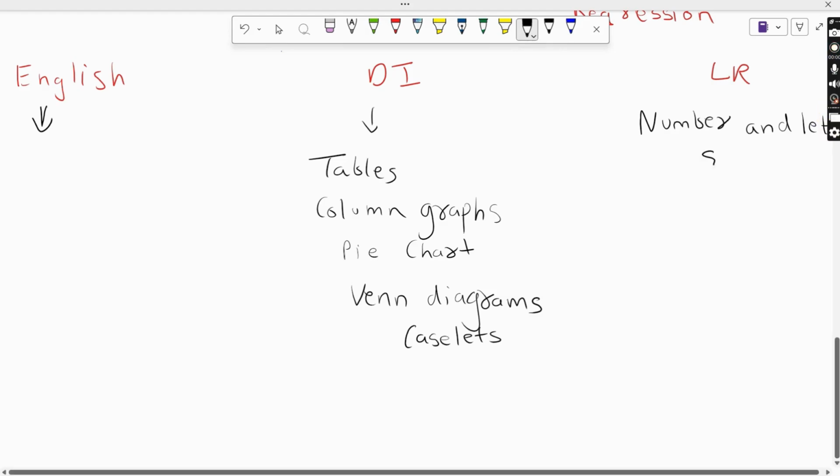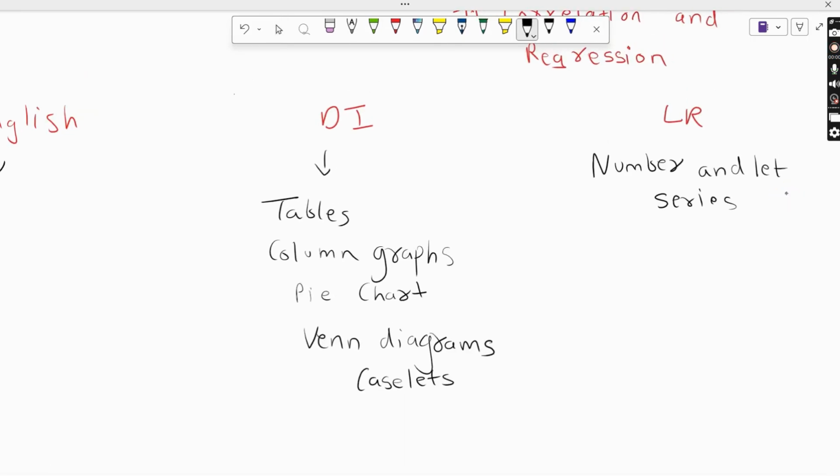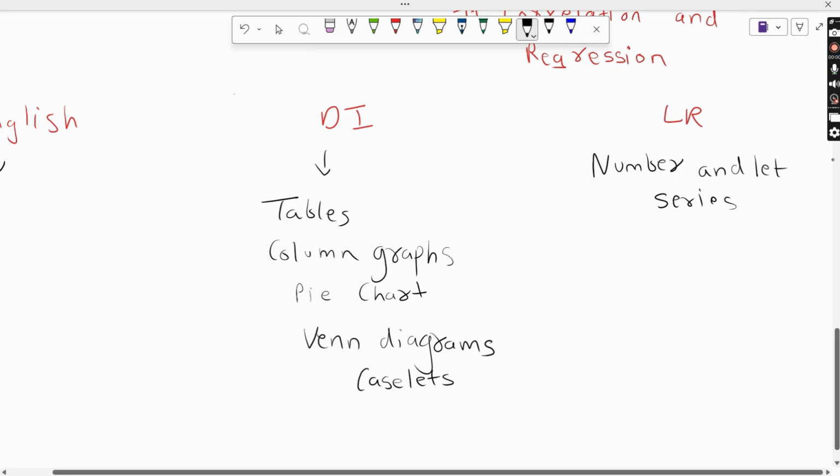Number and letter series is what you might have seen in competitive exams, if you have given any, where we will be given four numbers like 5, 6, 8, 18, and we will be asked to predict the next number based on the previous pattern.